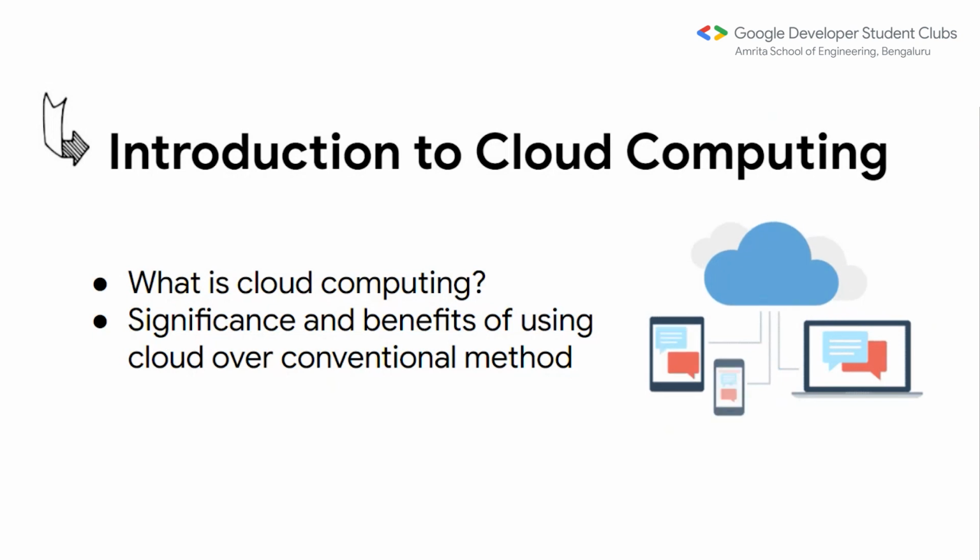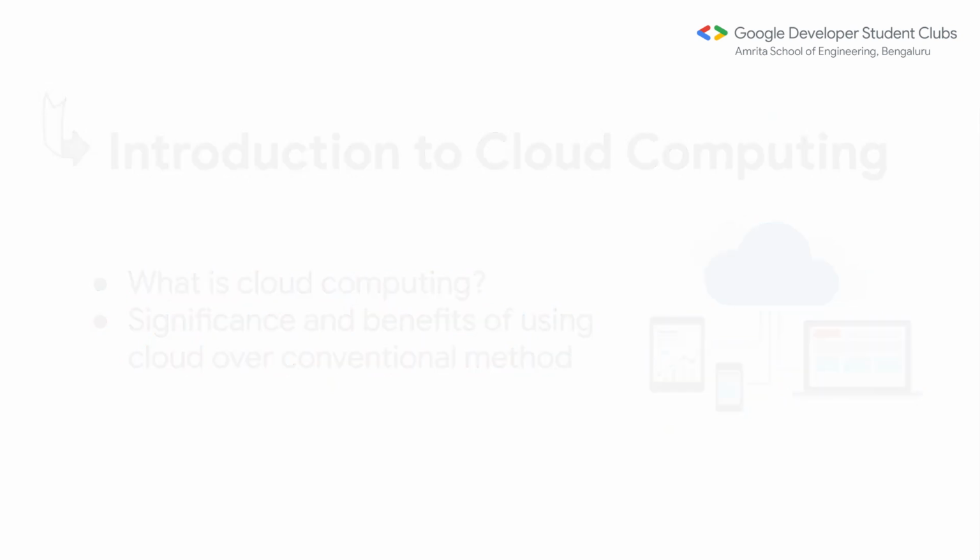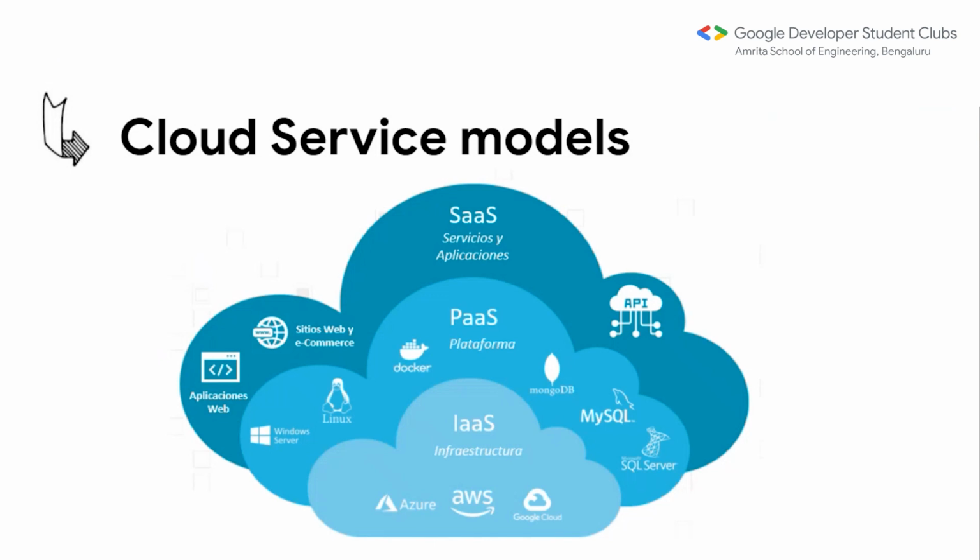So let's see how a cloud service model works. We have three models, one above the other. One is IaaS, which stands for Infrastructure as a Service, and PaaS, which stands for Platform as a Service. Let's see more about it in the next slide.